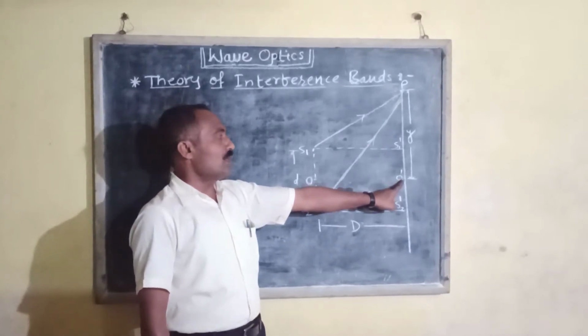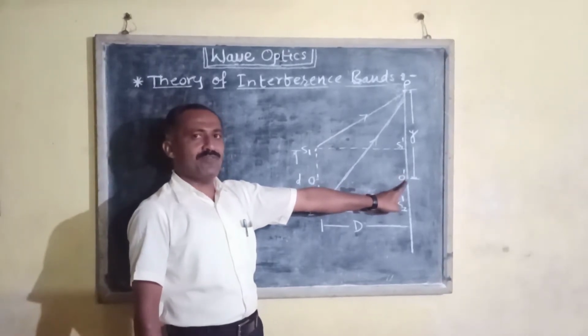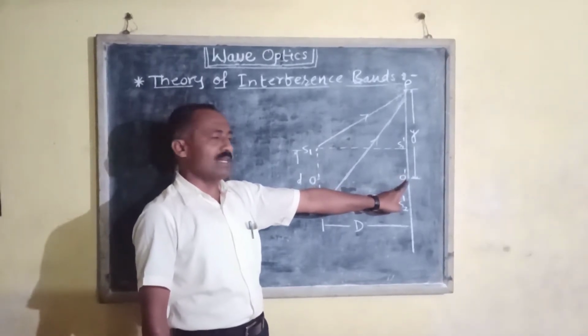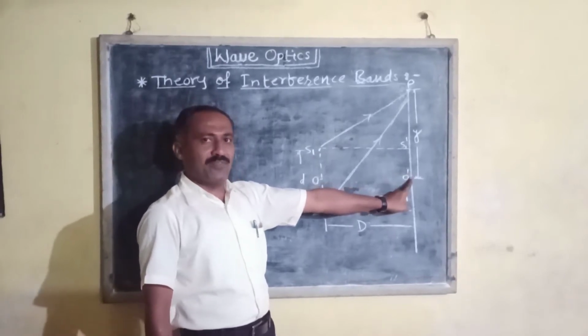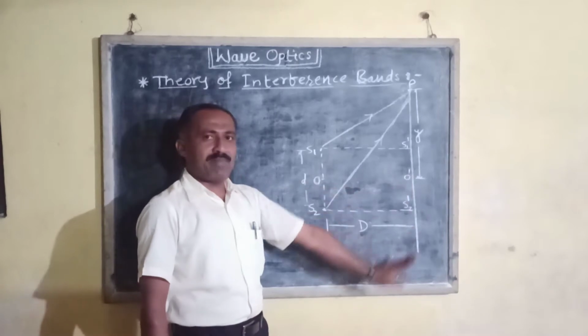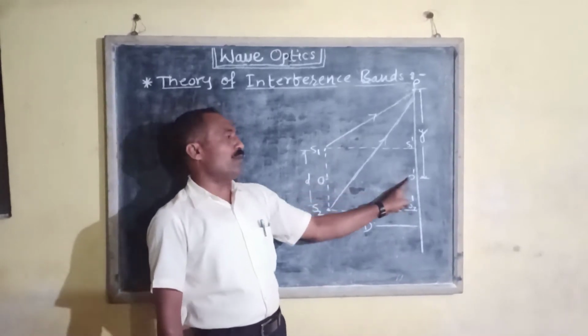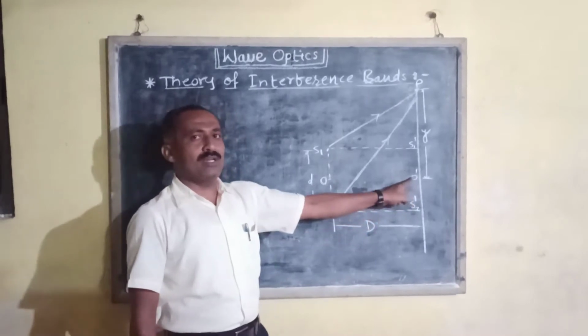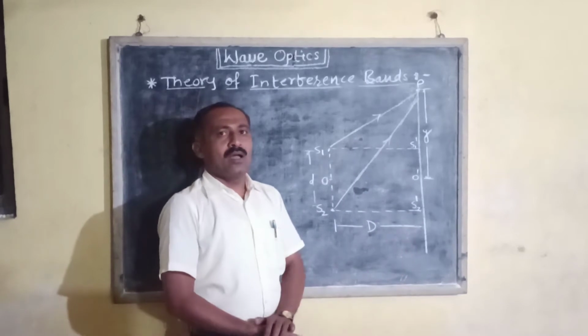That is, the light waves arriving at O dash are in the same phase, and the central bright fringe will be obtained at O dash.